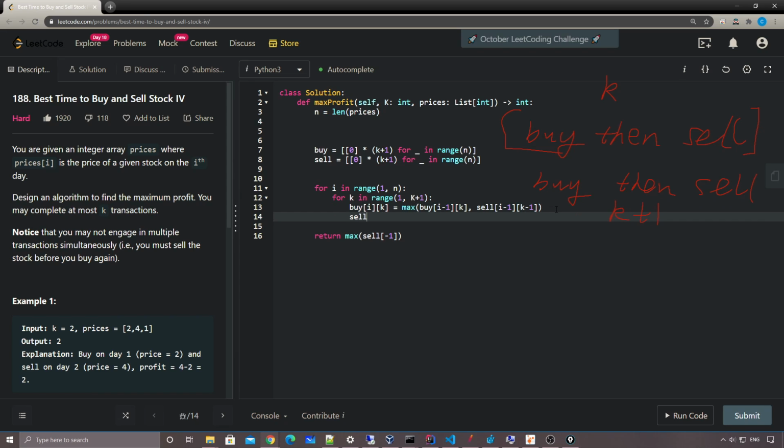Similar for the sell. Sell and K here. And of course, the first option is that we don't sell.